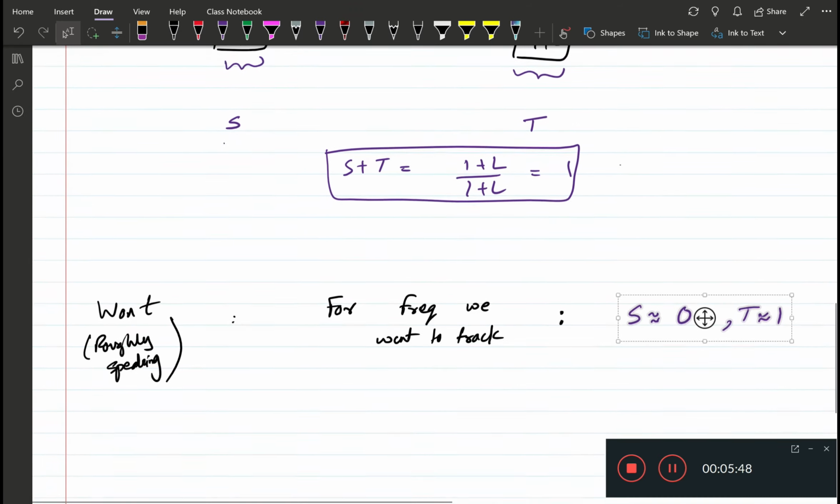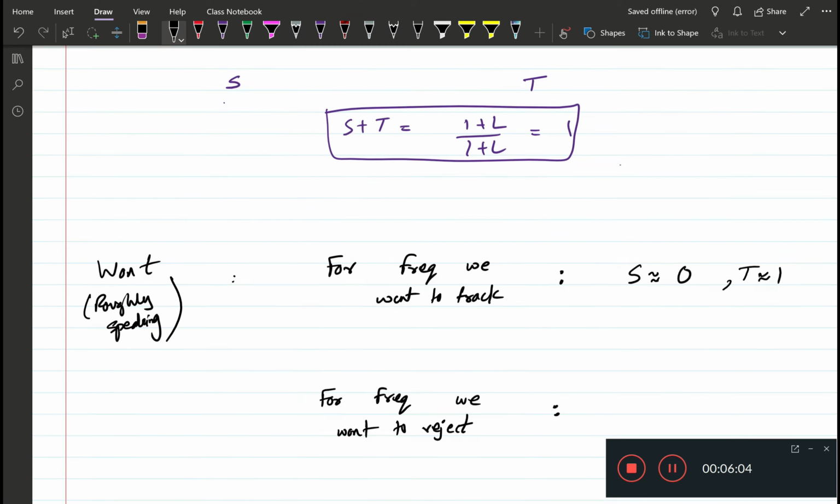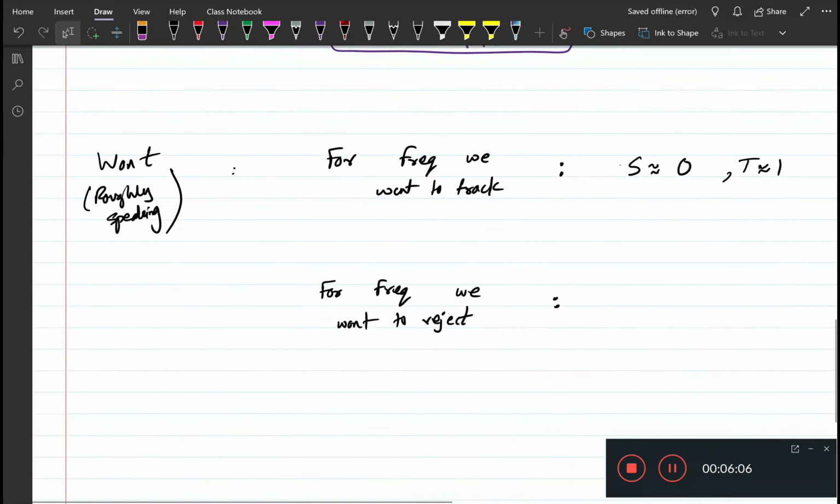On the other hand, for frequencies we want to reject, or in other words, for frequencies where the disturbance or the noise N lies, we don't want to track those, or in other words, we want the T to be almost equal to 0, and therefore the S to be almost equal to 1.